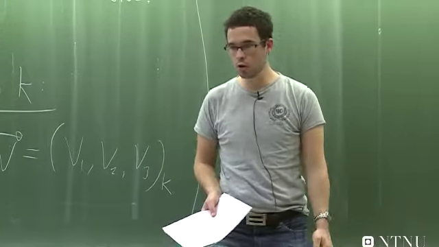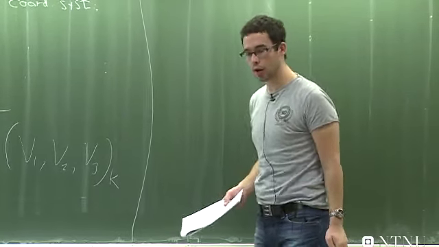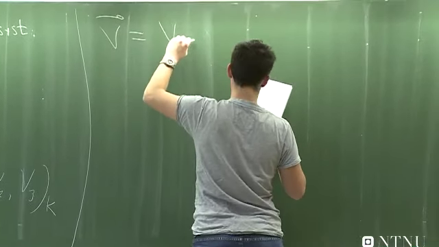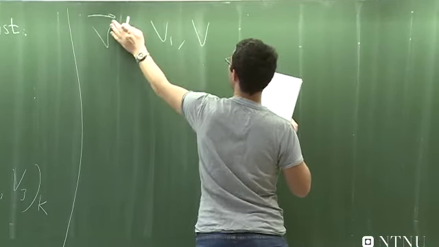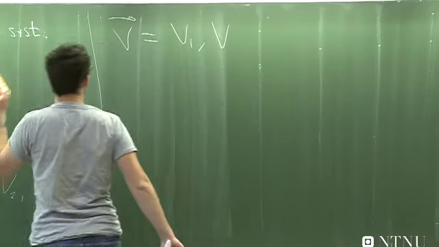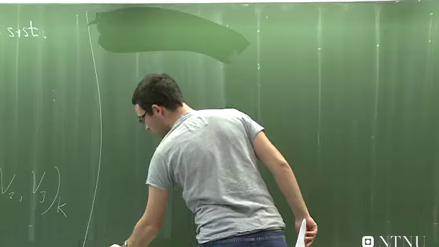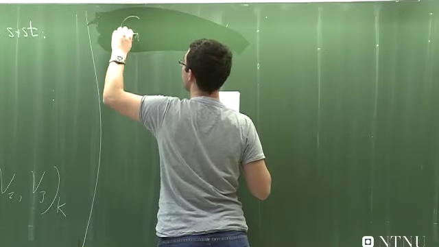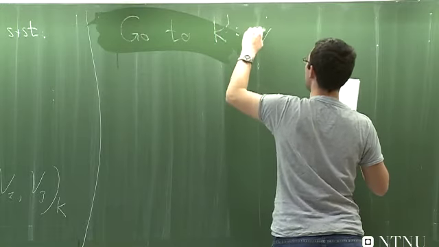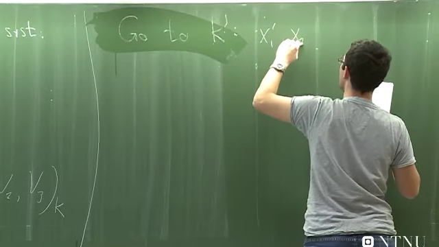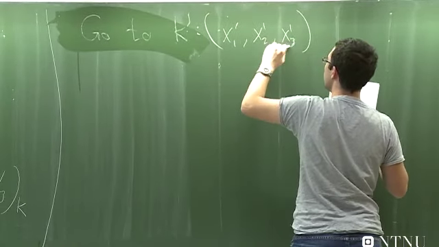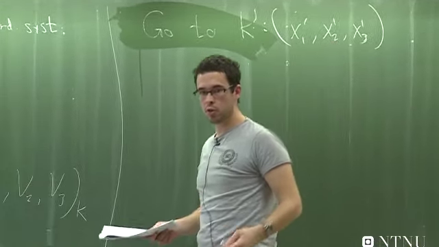Now if I go to coordinate system K prime, what is it going to look like? Well, then v is going to look like, now if you go to K prime, now we're in K prime, what does the vector look like?